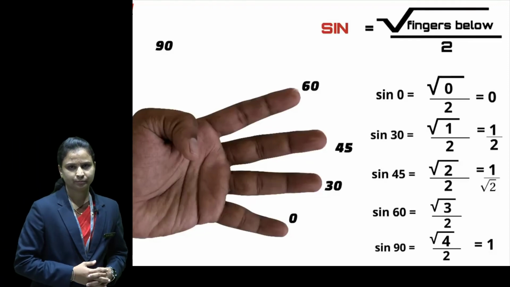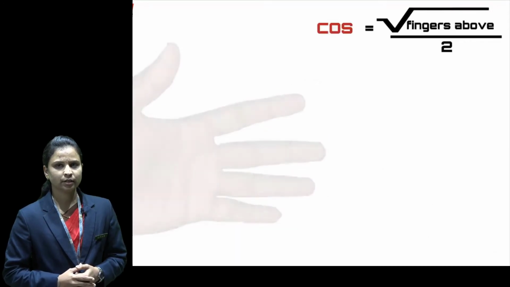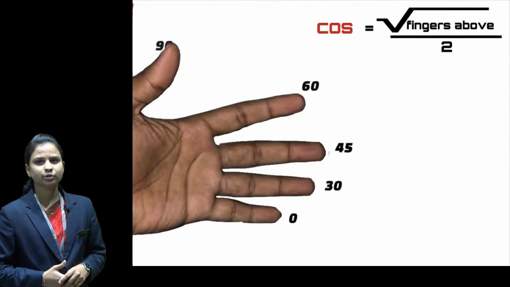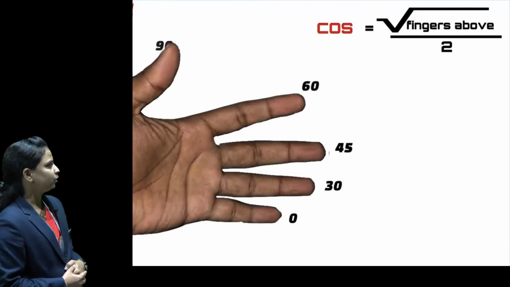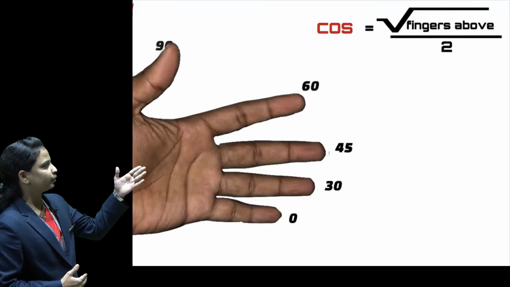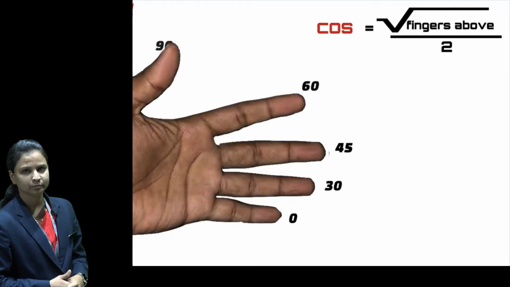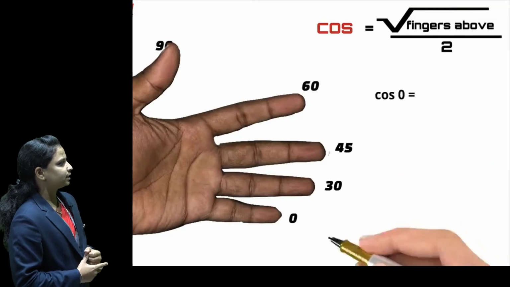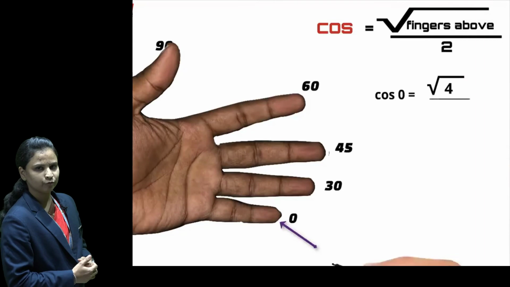For cos, there is only one difference. We need to count fingers above instead of counting fingers below. Therefore, cos is equal to square root of fingers above divided by 2. Here see, cos 0: fingers above are 4.